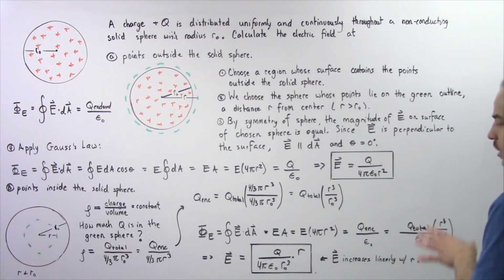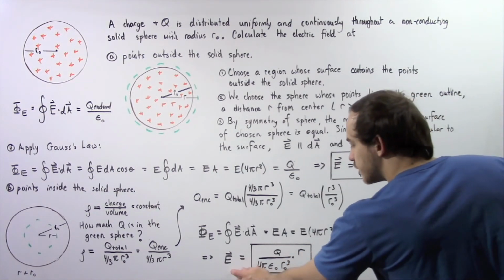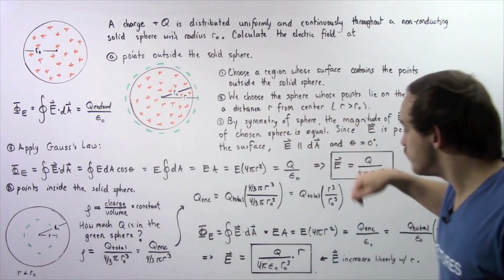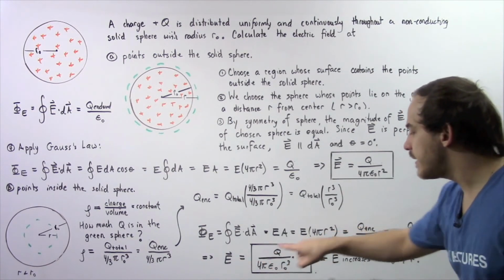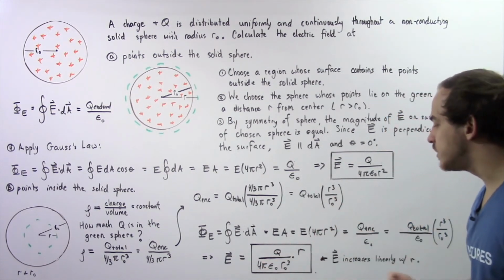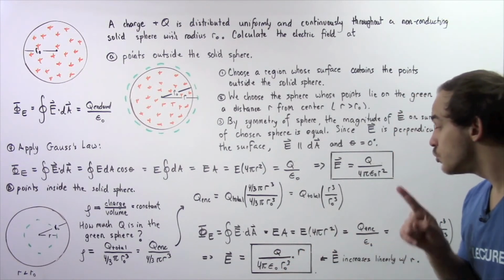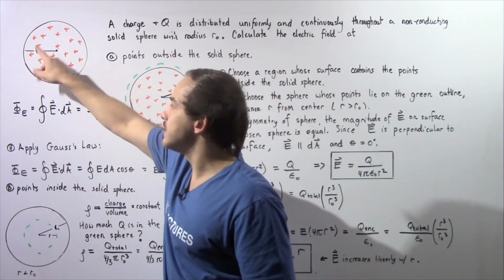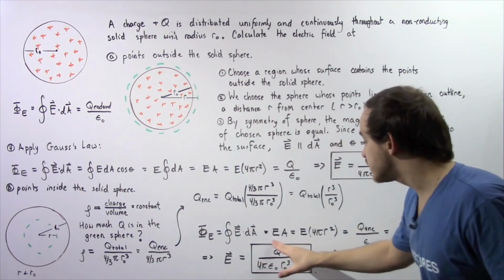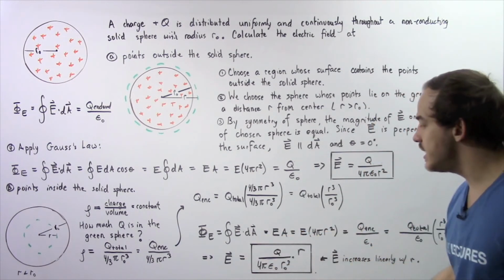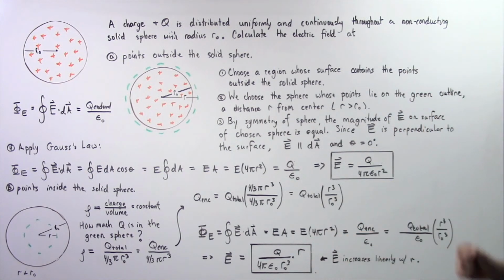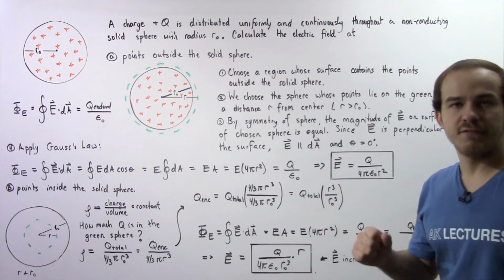And now we solve for our electric field, and we see that the electric field is equal to the total charge Q given initially multiplied by r divided by 4 pi epsilon naught multiplied by r naught to the third power. Notice r naught is a constant. It was chosen to be a constant because it was fixed. So this entire fraction is a constant, and we see that the electric field depends only on r. In fact, the electric field increases linearly with respect to r, as shown by the following equation.